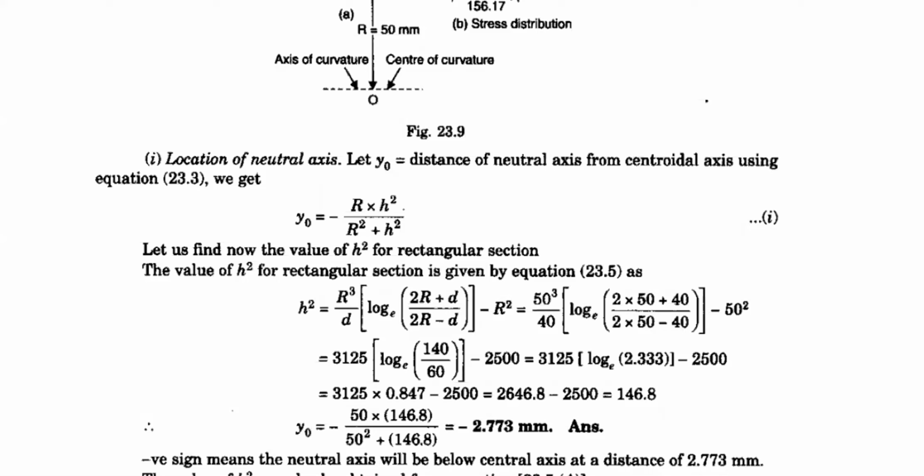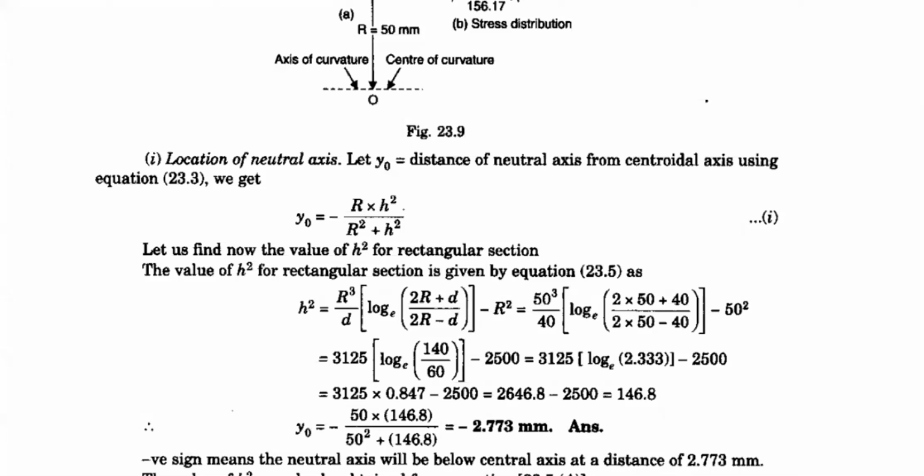As y is negative, this means the neutral axis will be at a distance of y below the centroidal axis. In the particular equation 23.3, below that, it is already mentioned. That means you are not following the notes that I provided, and also you are not following the derivation.